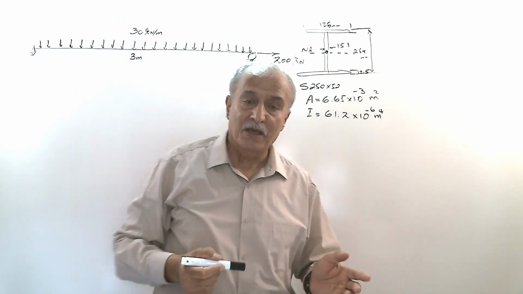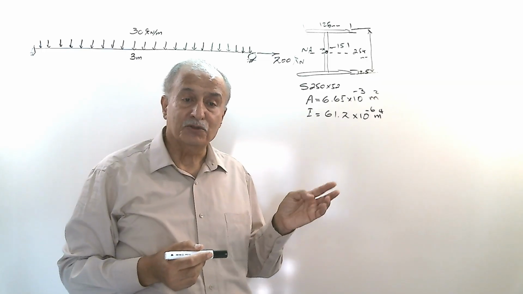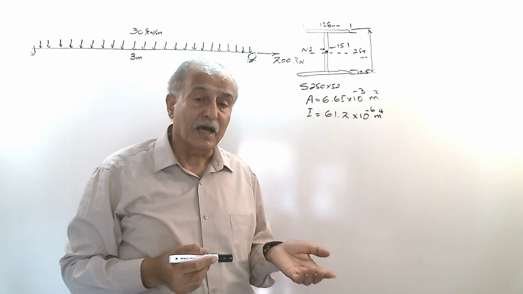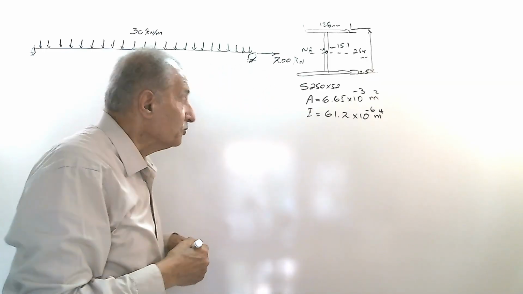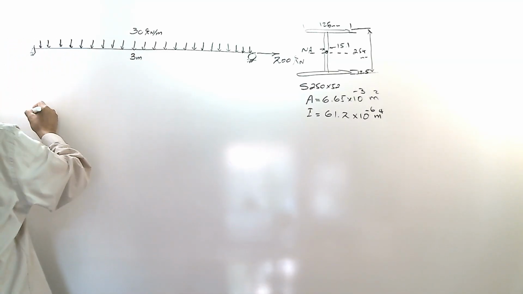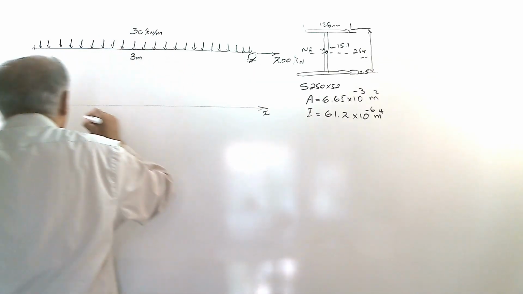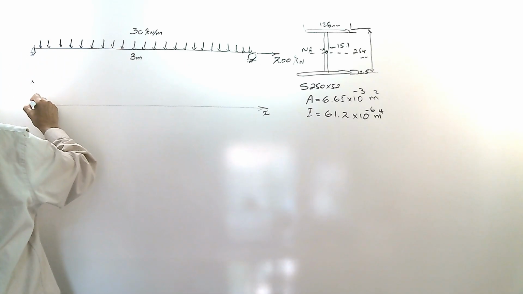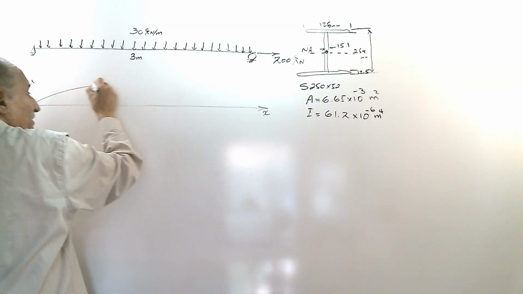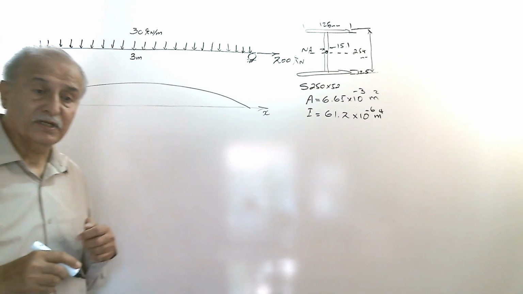What happened? This beam is subjected to different types of loading: uniform distributed load and axial load. The uniform distributed load produces bending moment in this beam, and if you draw the bending moment diagram, you will find such a curve.